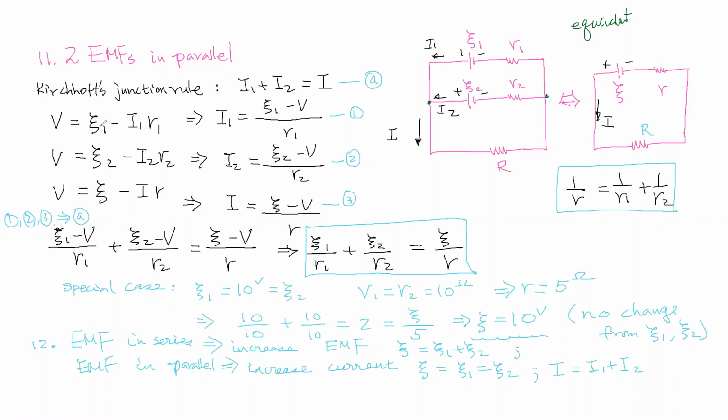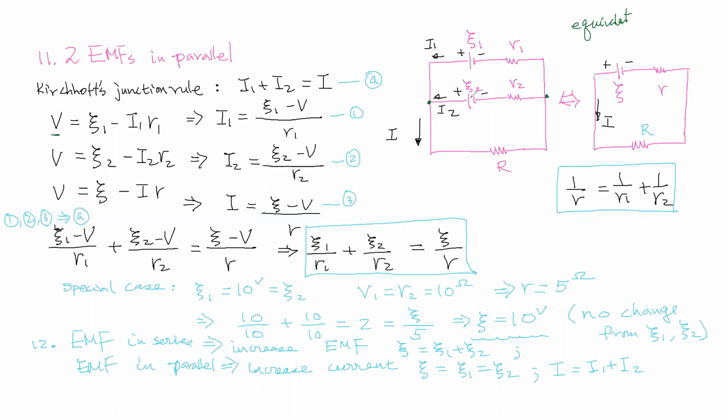The voltage is equal to epsilon 1, if I look at this segment here, epsilon 1 minus I1 R1. So I'll be adding epsilon 1, then reducing I1 R1. This side is larger than this side by this V. So V is equal to epsilon 1 minus I1 R1.